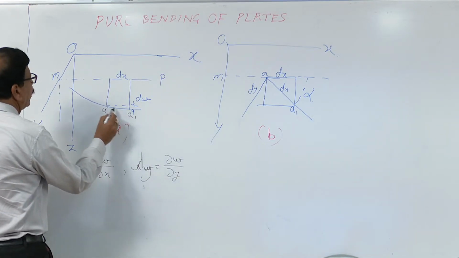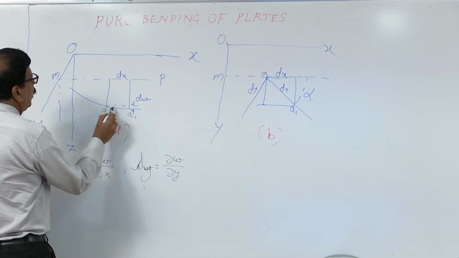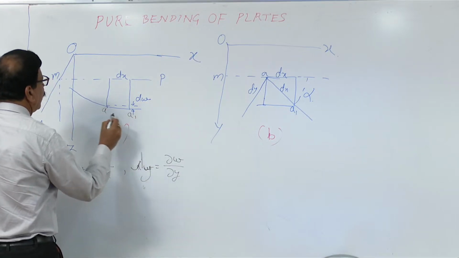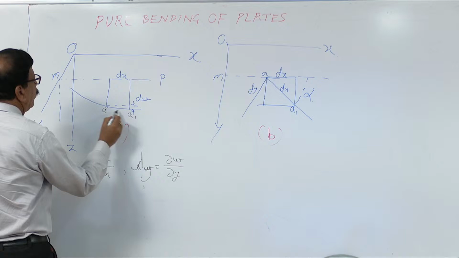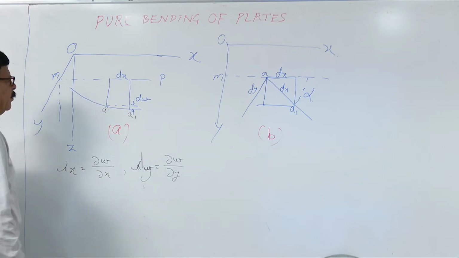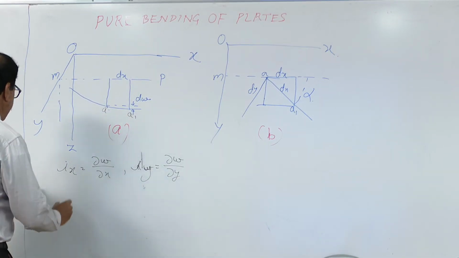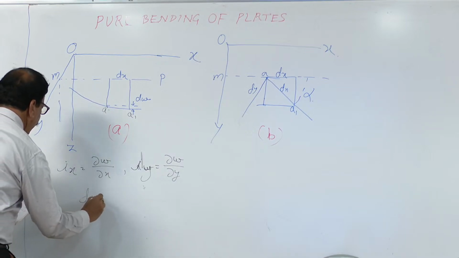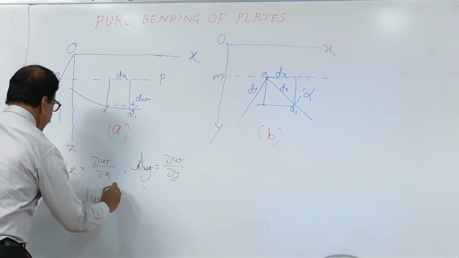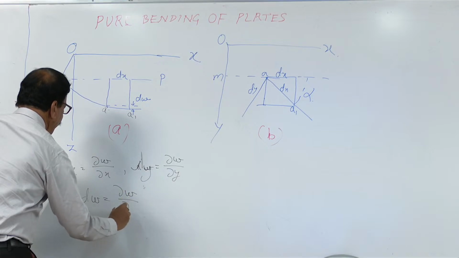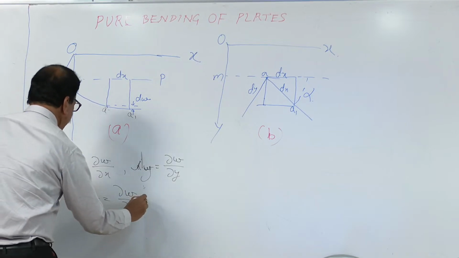Difference in deflection, this is A point, it is bent like this. So, there is a difference between these 2 point deflection dW. So, dW is equal to del W upon del x into dx.